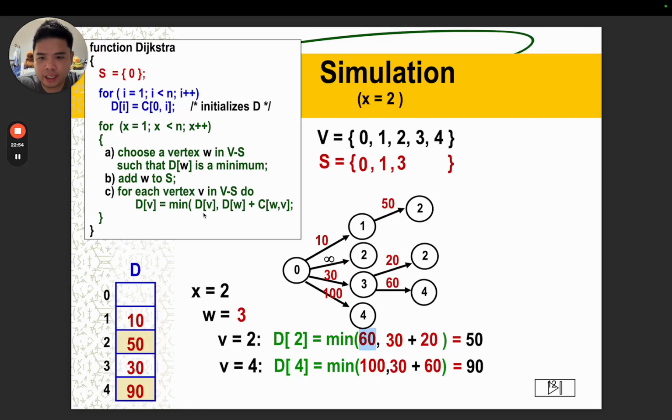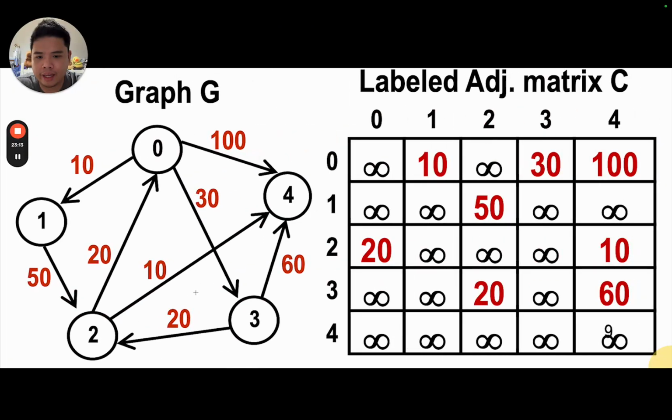D2, or DV, which is 2, is 60, comma, DW, what is DW? It's currently 30. So we're checking from W, or from 3, is there a path going to 2? Or is there an arc going from 3 to 2? Yes, there is.